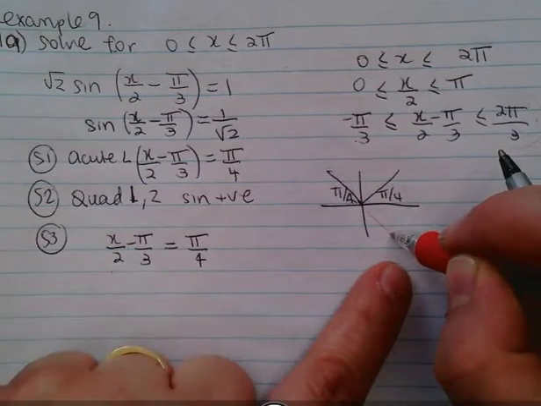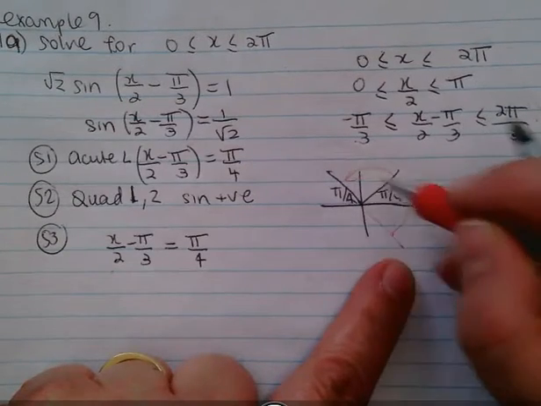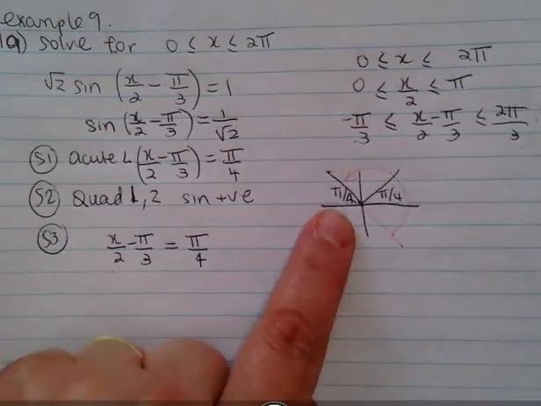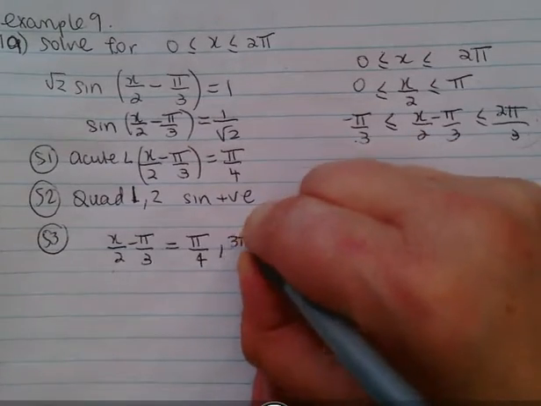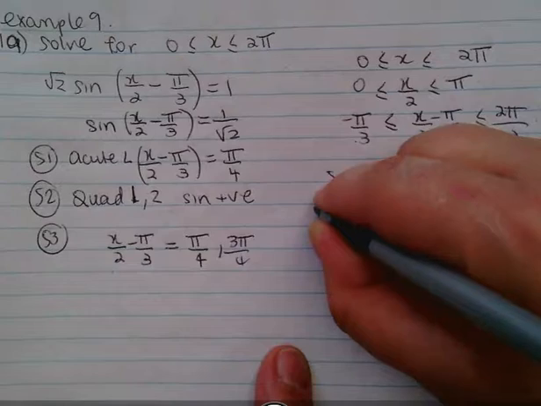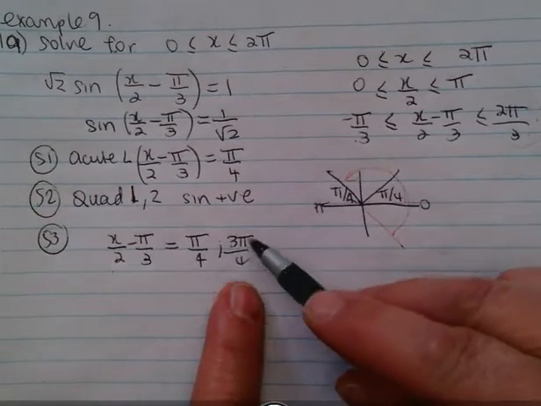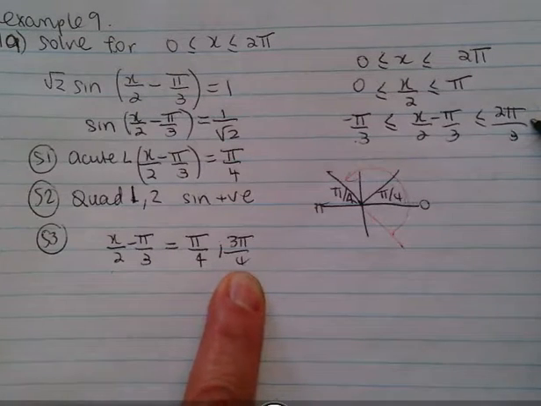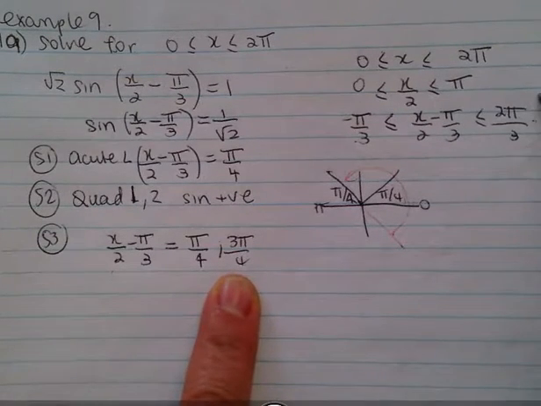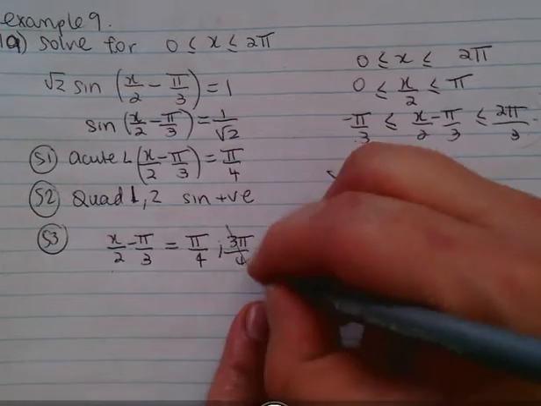So starting from here at negative pi on 3, I do get that solution, then I get this one. Now this is 3/4 pi. Because if this is 0, this is 1 pi, 1 minus a quarter is 3/4. Now we know that 3/4 is greater than 2/3. Okay, that's 120. This is 135, so this is too big, so this is going to be out.